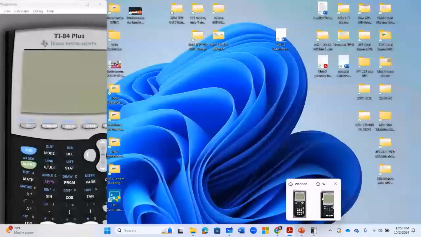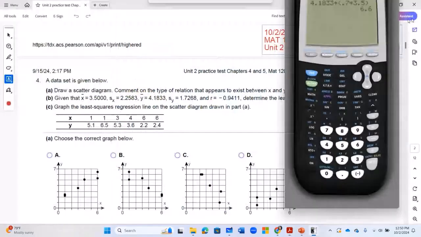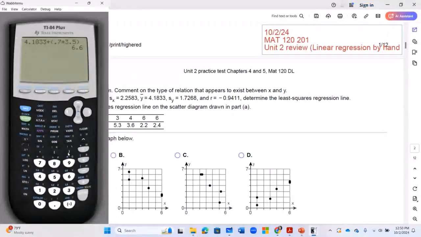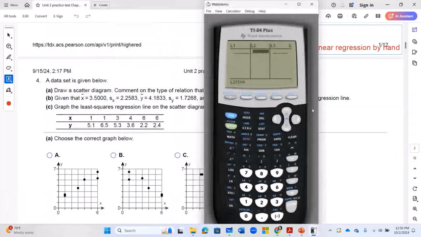Okay, so I am clearing my main screen, and then I'll go to STAT, and clear L1, clear L2. All right, so now I cleared L1 and L2.